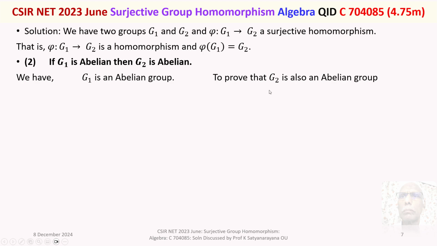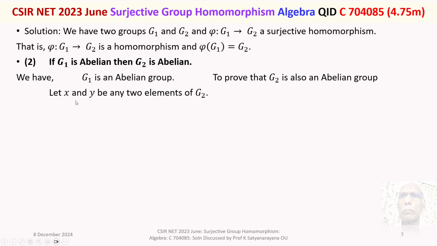We want to prove that G2 is also an abelian group. For that, you take any two arbitrarily chosen elements of G2 and show that they commute. Thus every pair of elements in G2 will commute, and thereby G2 will be abelian.